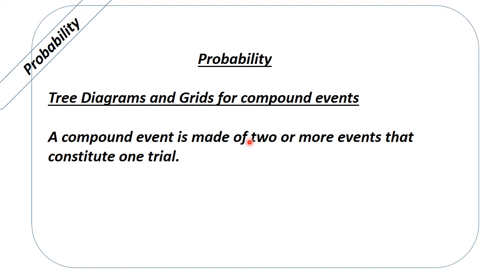Okay, so if you have different events that at the end of the day you need to get the probabilities of those events as one probability, then that's a compound event. To make it simpler, let's say you want to know the probability of getting heads when you toss a coin 5 times.